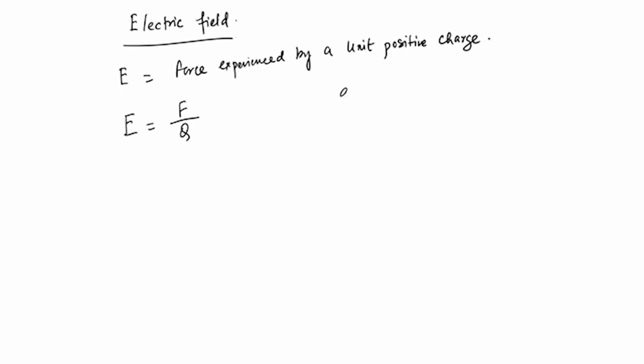So, if you are still talking about Q1 and Q2, you could ask the question, what is the electric field due to Q1 at a distance r, which means where the charge Q2 is located, and that is equal to the force divided by Q1.